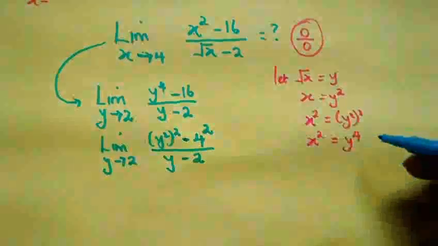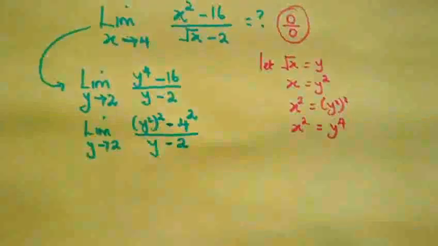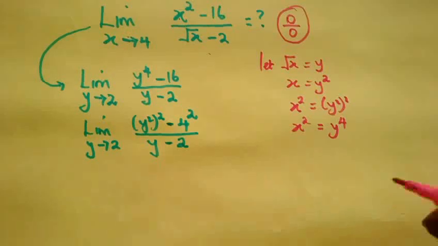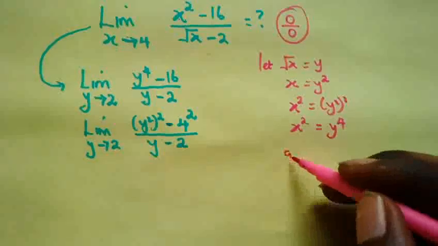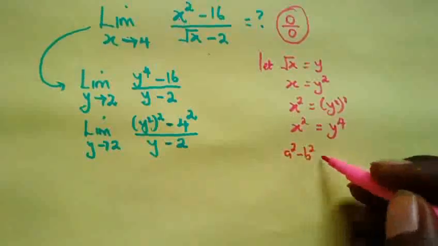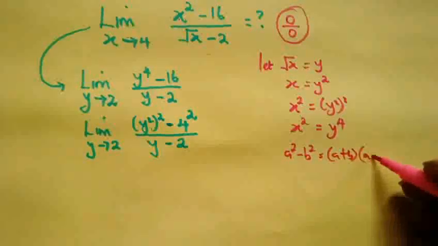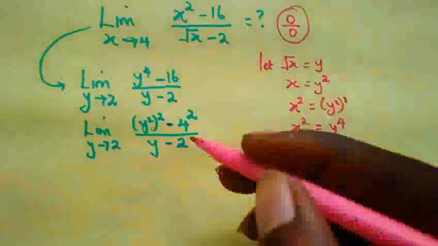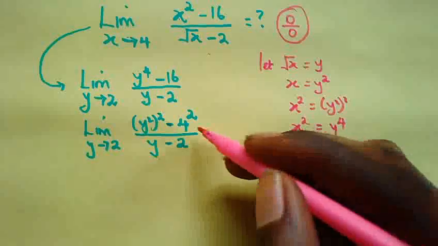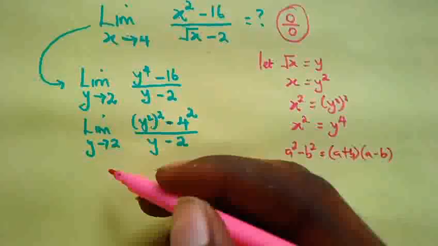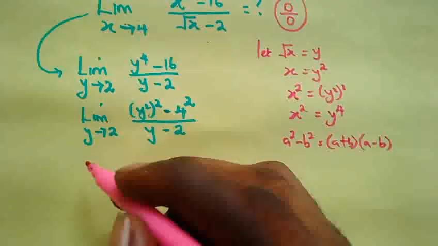Now we're going to recall the difference of two squares formula, so we're going to apply that here. Let us remember that a squared minus b squared is the same as a plus b times a minus b.